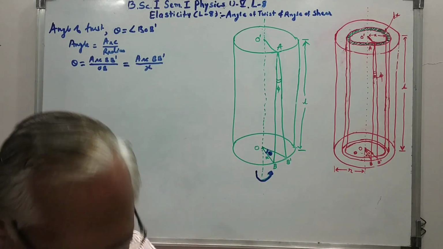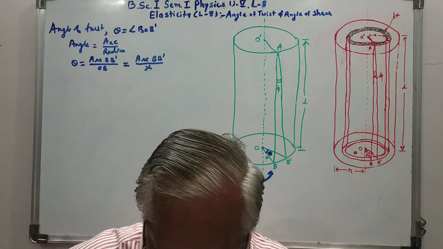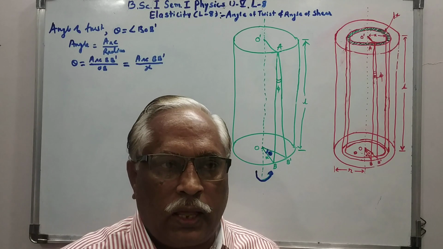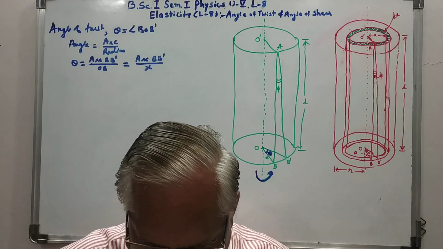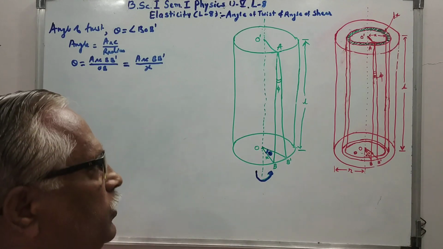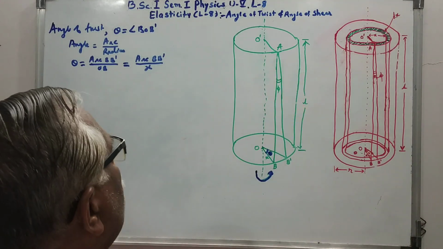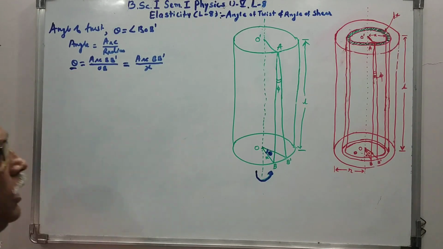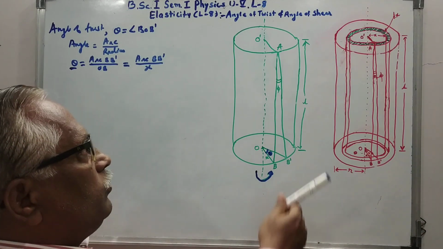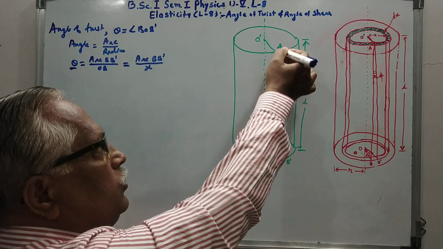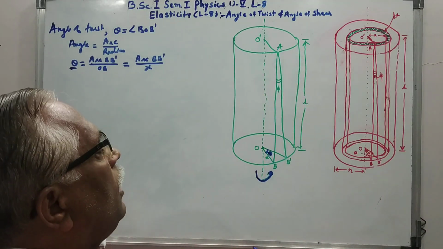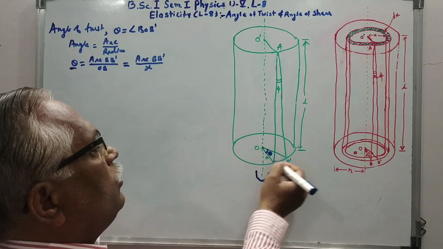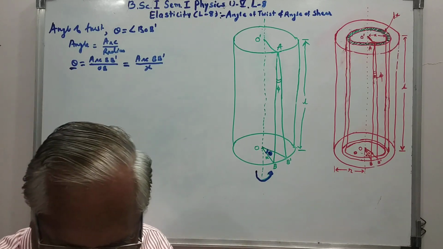The value of the angle of twist is proportional to the distance of the cross section from the fixed end. It means theta will be 0 at the fixed end, and maximum at the lower end.